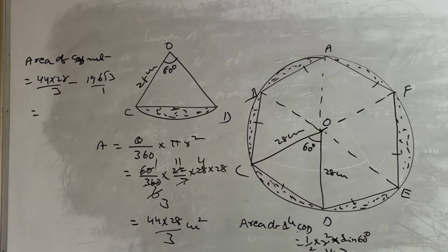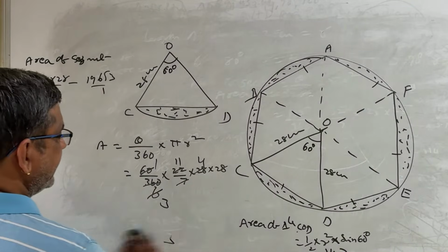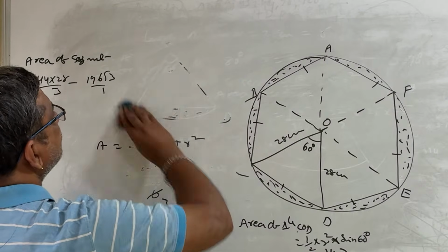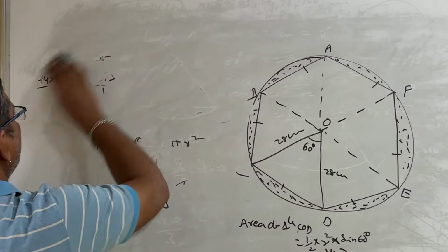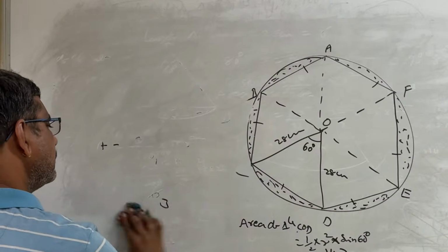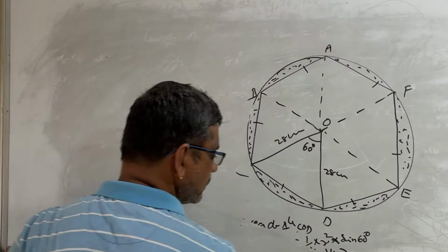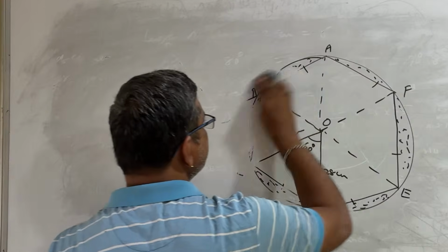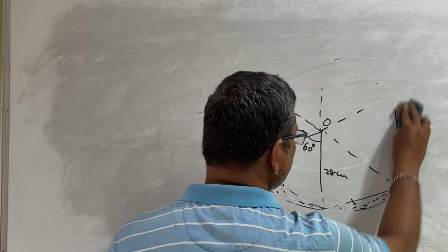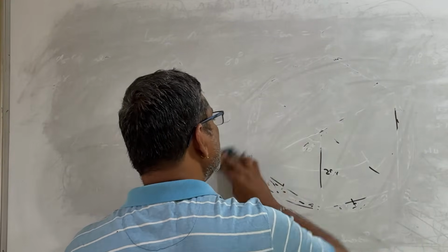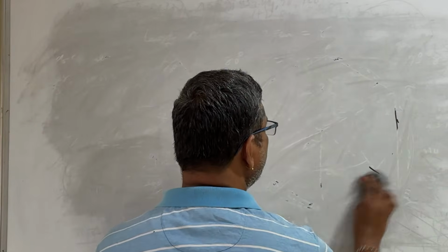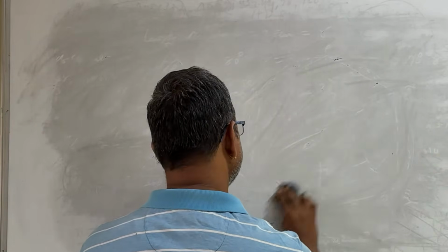Area of sector of an angle P degrees and radius R is what? Sector angle P degrees, radius capital R. What is the area of sector? P by 360 into pi capital R square, or 2P by 720 into pi capital R square.